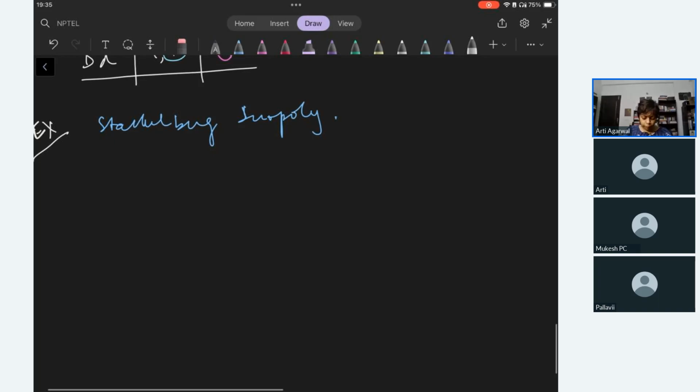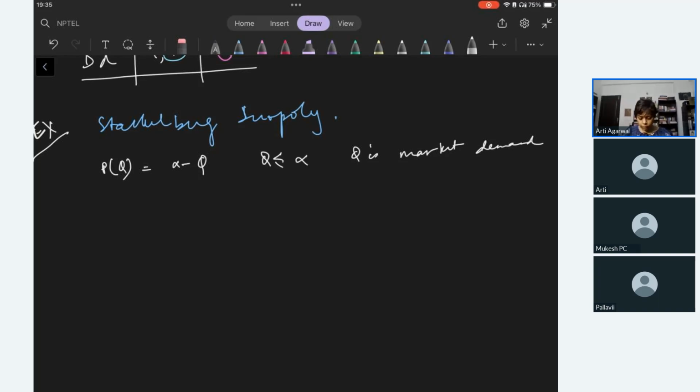Okay, so we are given price as a function of quantity as alpha minus Q, where Q is the demand. This is for Q less than or equal to alpha, and price is equal to 0 if Q becomes greater than alpha.